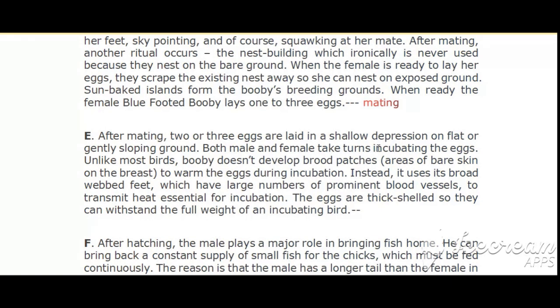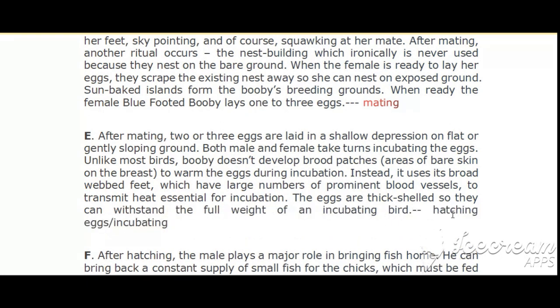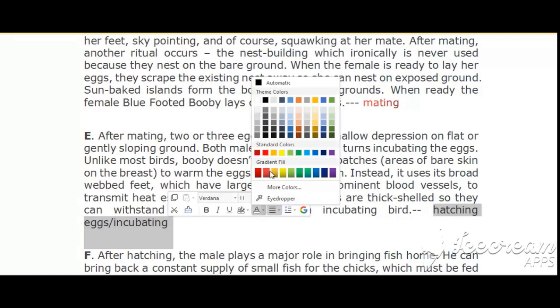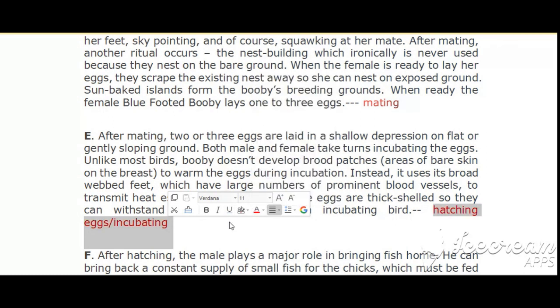Guys, incubating means to keep eggs warm so that chicks come out of the eggs, and the word we can use is hatching eggs, or we can write incubating as well, because we don't know what is written in the headings. So this will be our heading for this paragraph.